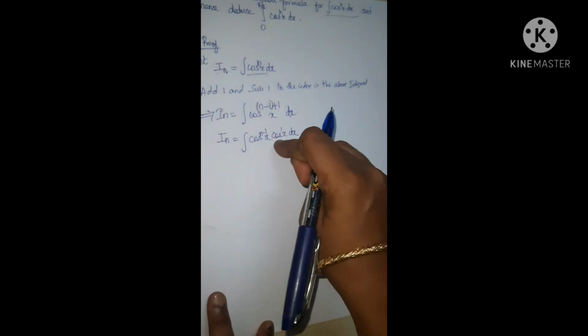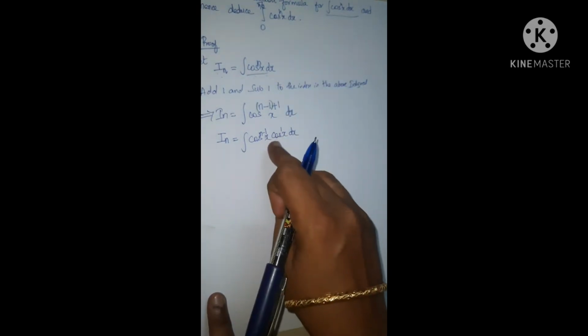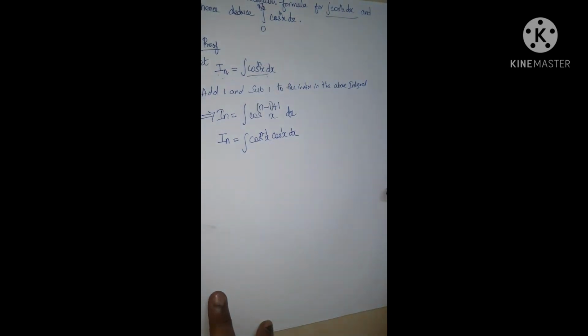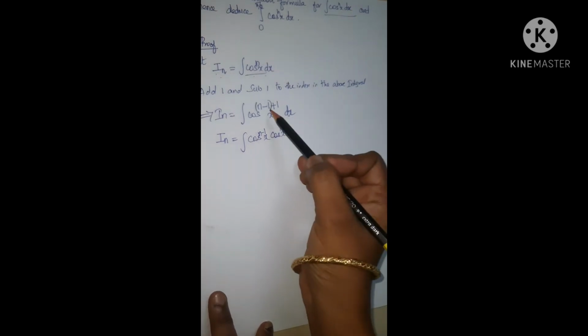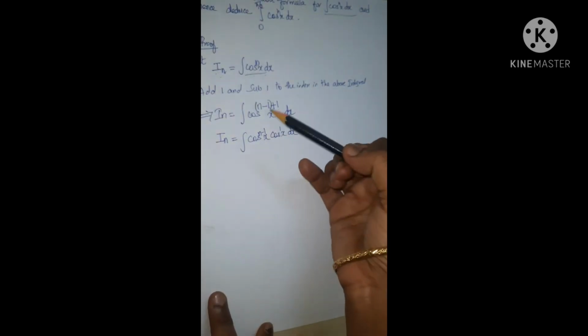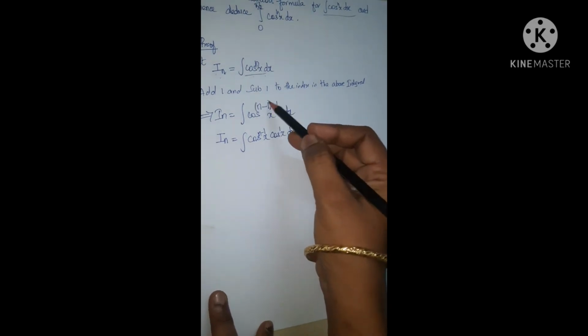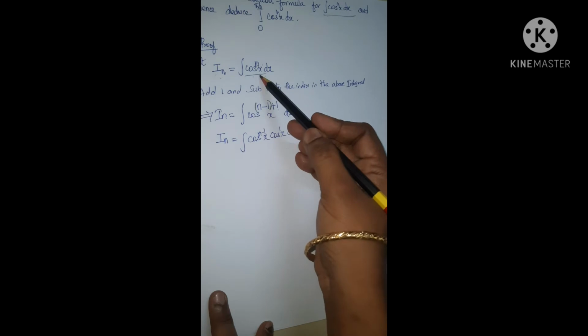All this is to express the given problem as a product of two functions. Moreover, this splitting does not affect the original function, because the minus 1 plus 1 we have introduced ourselves to express it in product form. If minus 1 plus 1 gets cancelled, we get back the original function.